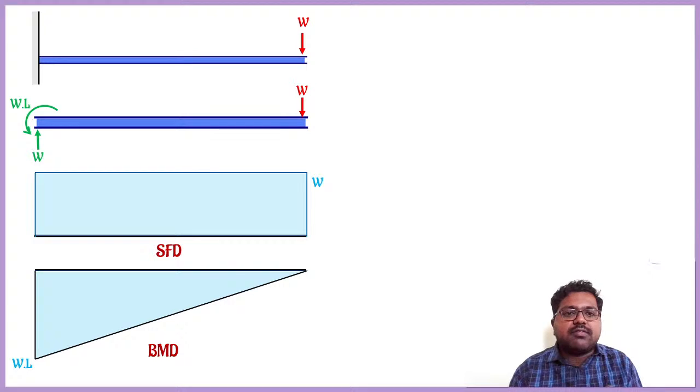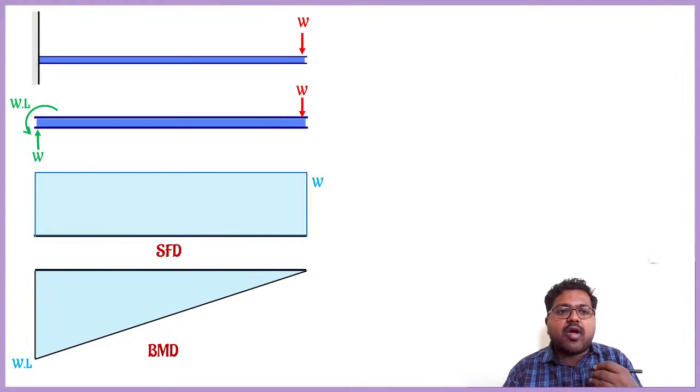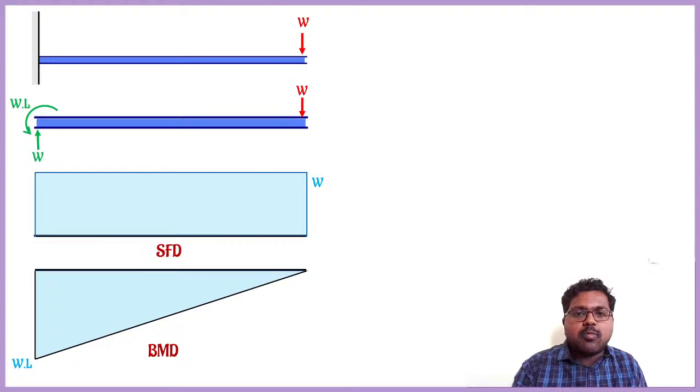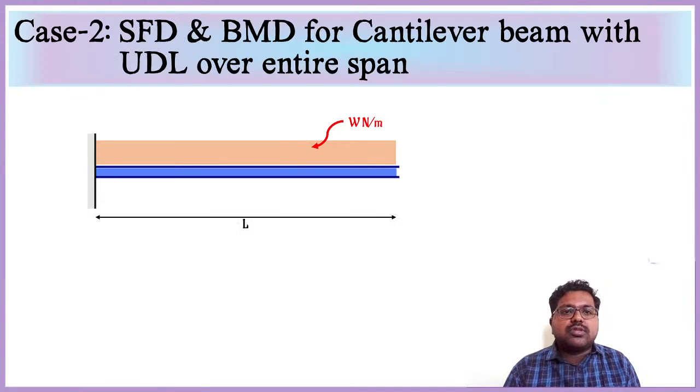That is our very first and simple concept in shear force and bending moment diagrams, which is the drawing of shear force and bending moment for a cantilever beam subjected to a point load. Okay, now I am going for case 2, that is shear force and bending moment diagram for a cantilever beam with UDL over the entire span.